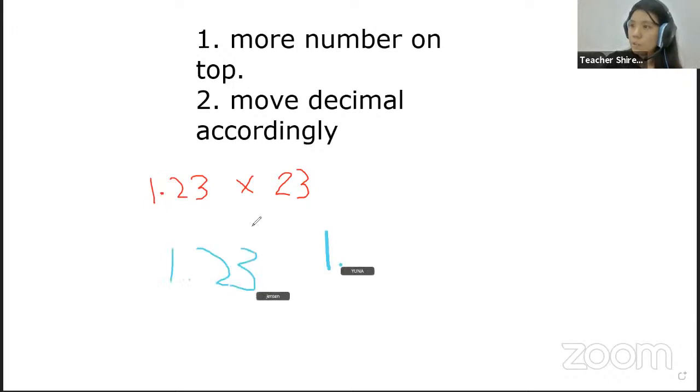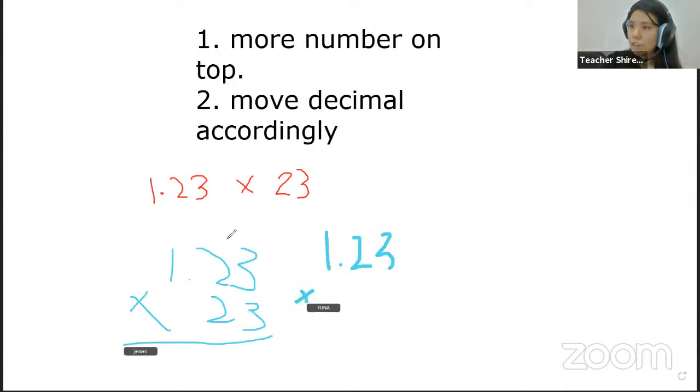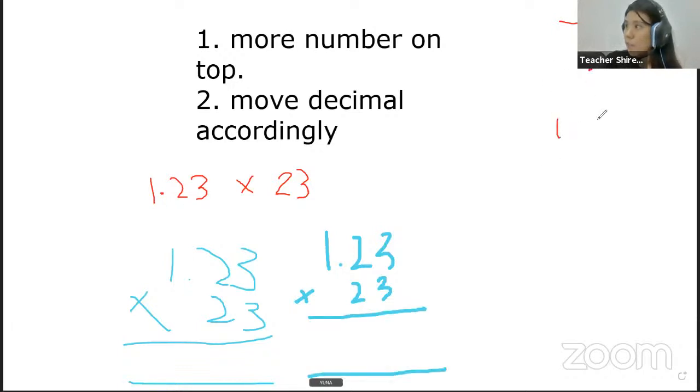Is 1.23 on the top or the bottom? Very good. Okay, so just remember, for plus and minus, the decimals have to be in one same line.